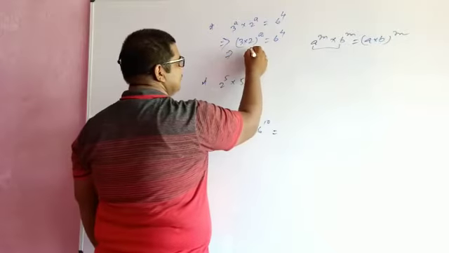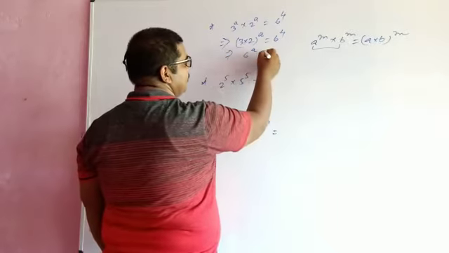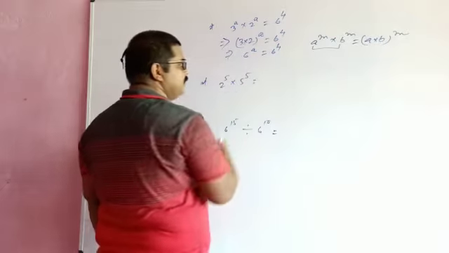And it can easily be written as 6 to the power a is equal to 6 to the power 4.